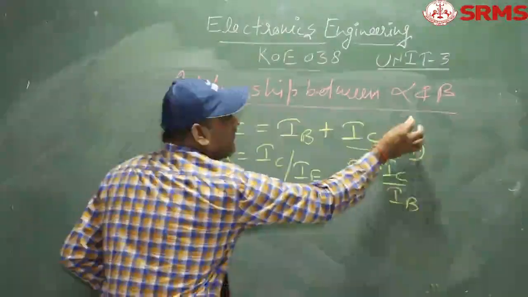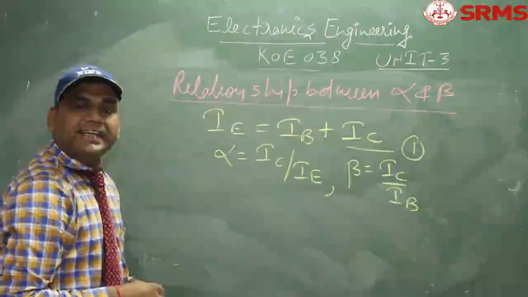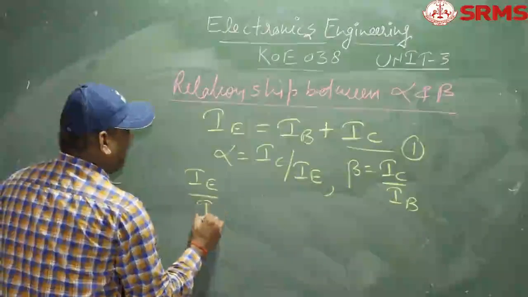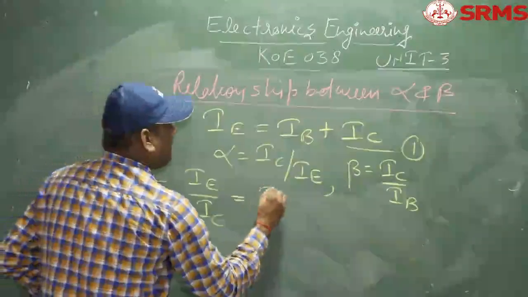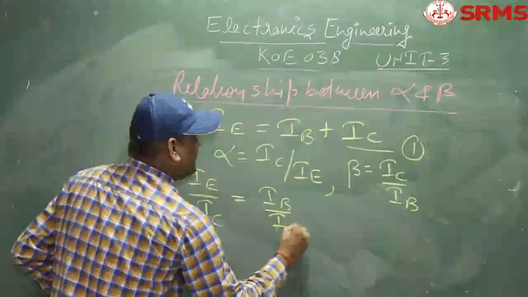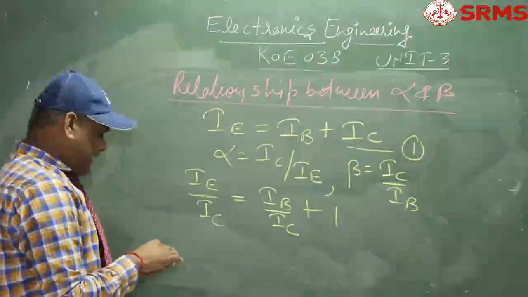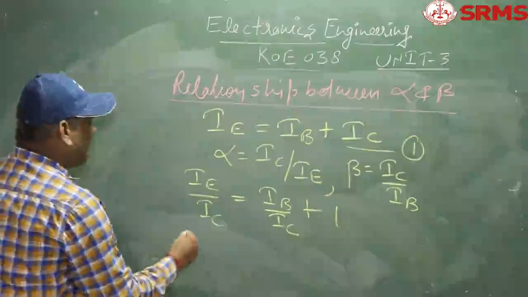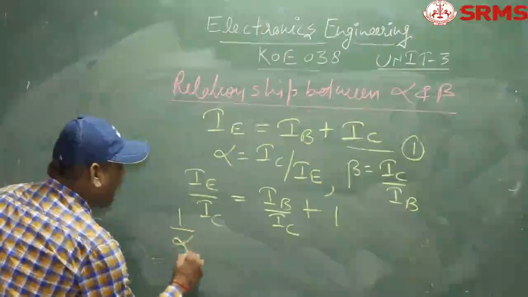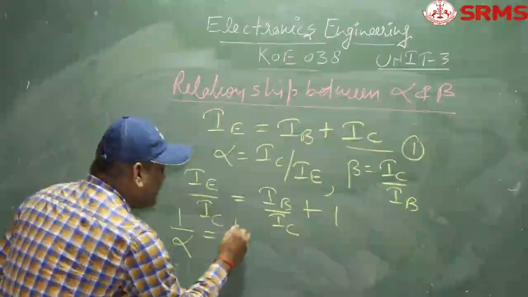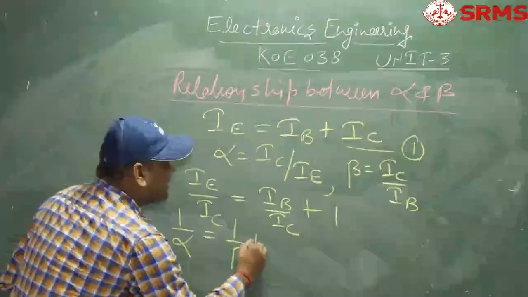If equation number 1 is divided by IC, here we will get IE divided by IC equals IB divided by IC plus 1. So IE over IC can be written as 1 divided by alpha. IB over IC can be written as 1 divided by beta, and this is plus 1.